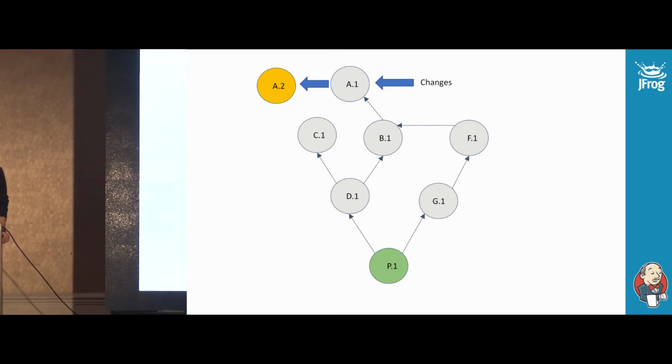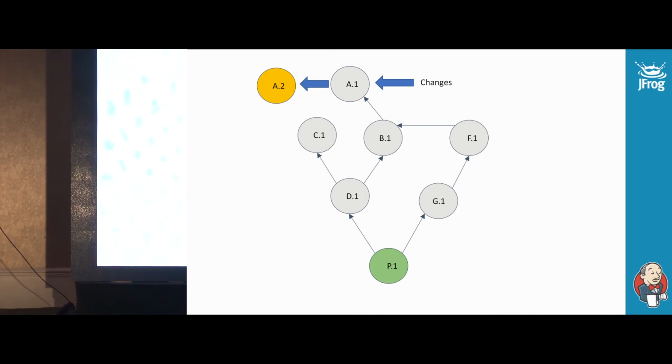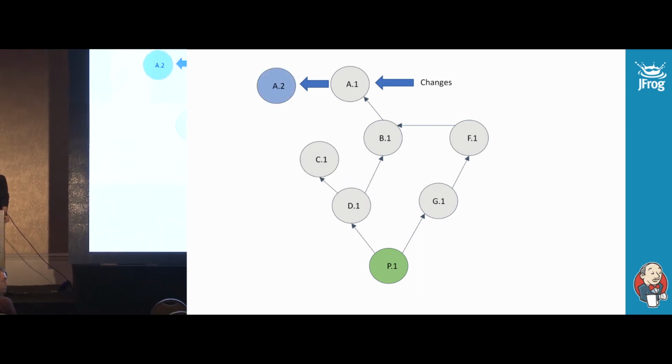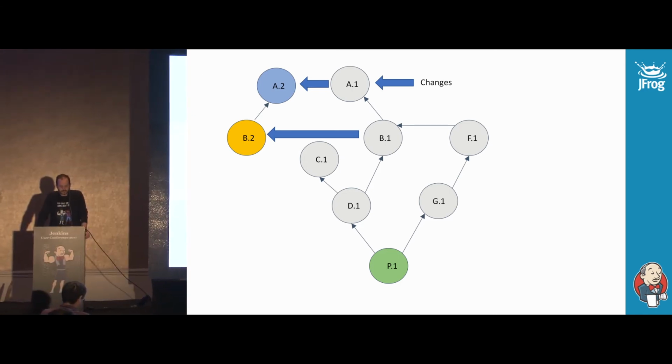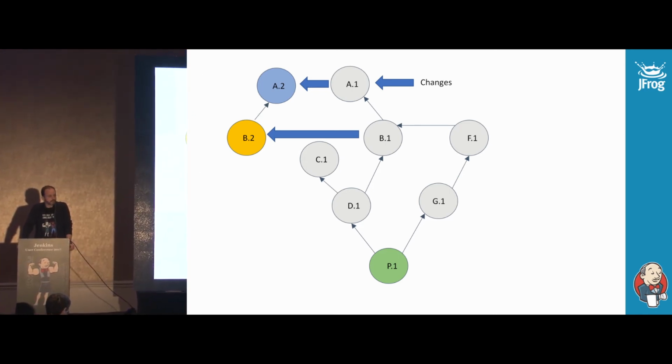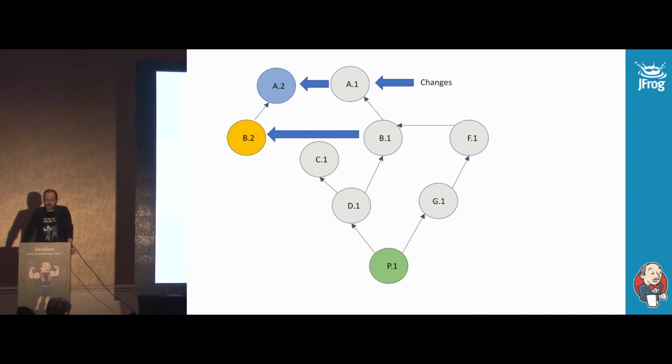And if I want to integrate those changes downstream, I could just have my developers move down. Let's build B2, a version of package B, and this B2 version now is dependent on A2. We could progressively build and test downstream, check everything, and so on.